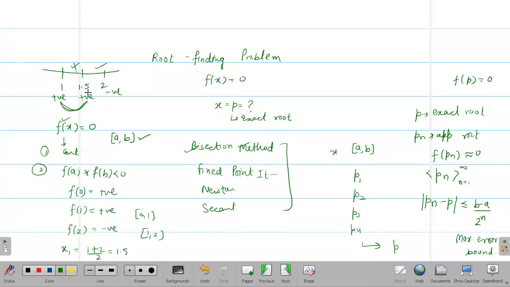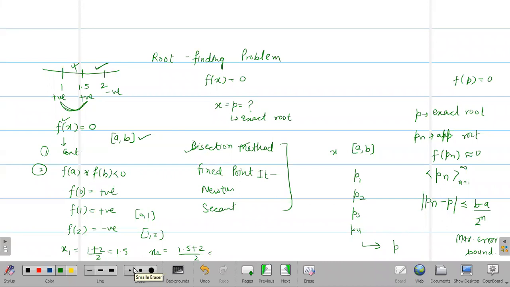But here you are getting the opposite sign, positive then negative. You choose this interval. So again, you bisect this interval, which means you take x2 as 1.5 plus 2 divided by 2. So again, you divide the interval into two parts. Again, you choose the opposite sign interval. Again, you bisect the interval.